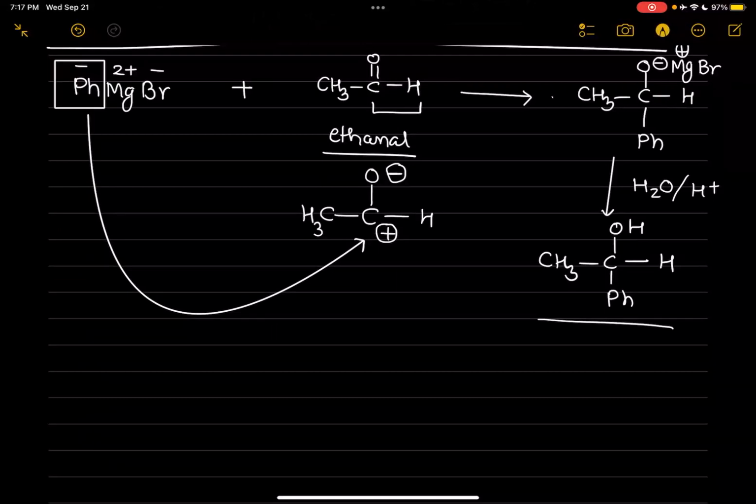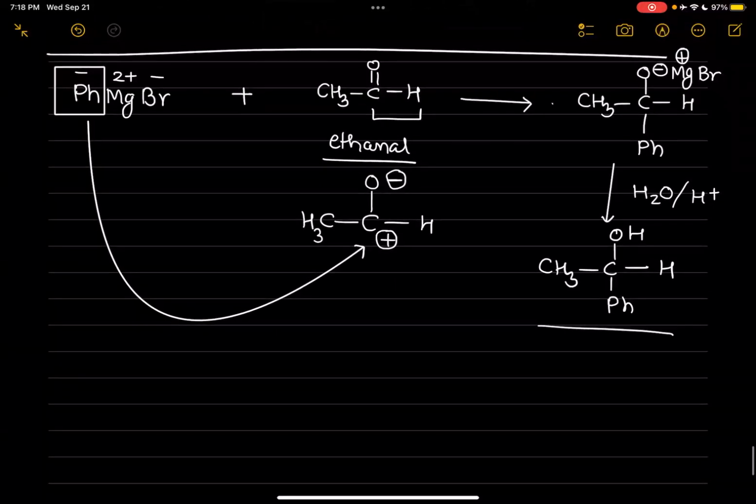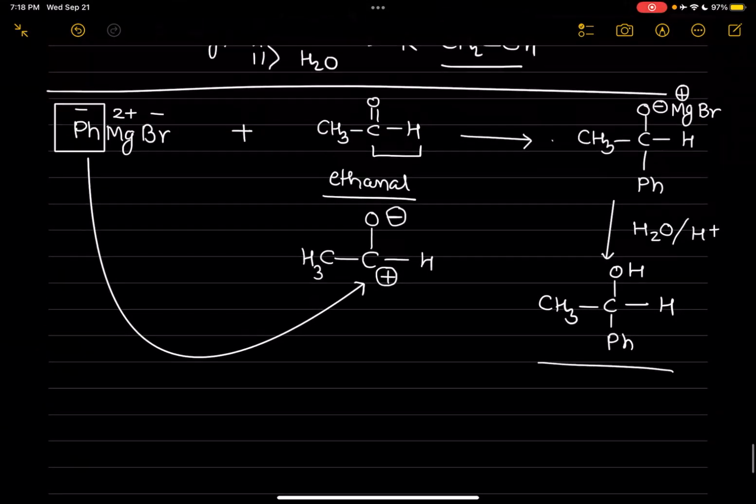So let me summarize it. If you react a Grignard reagent with an aldehyde other than formaldehyde, you are going to get a secondary alcohol. This is secondary. Why? Because this carbon is connected to one alkyl group that was already present in the aldehyde itself, and another alkyl group came in and joined.